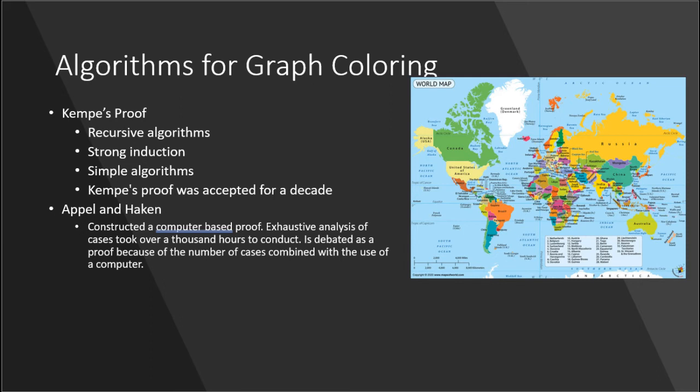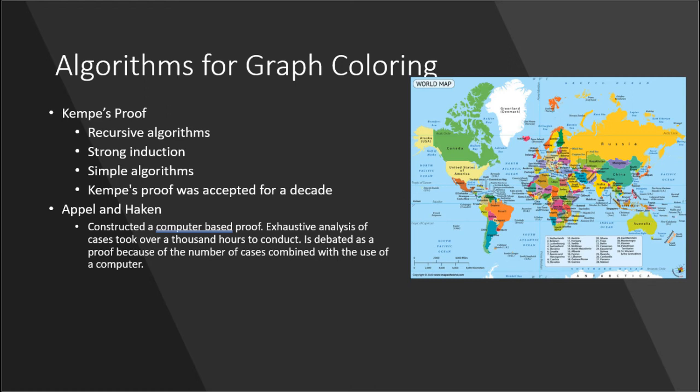But after finding the flaw in Kempe's proof, two more mathematicians named Appel and Haken later created another proof. This is the only proof that has been able to prove the four-color theorem completely.